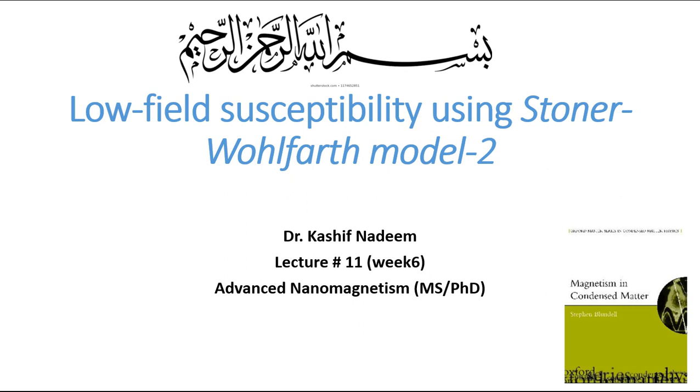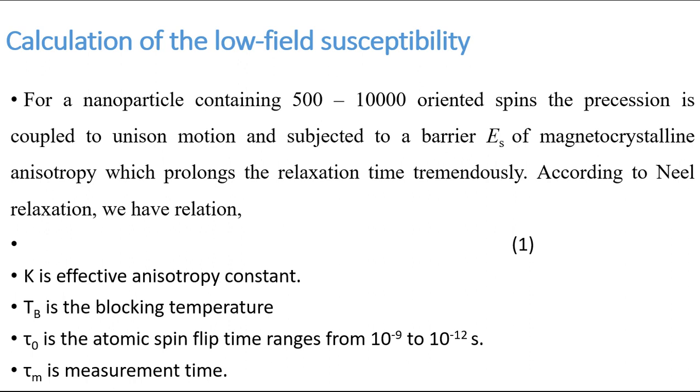So for nanoparticles containing roughly 500 to 10,000 oriented spins, composed together to form a nanoparticle, just for simplicity, we can treat the relaxation of these nanoparticles according to Néel relaxation, in which the particle is not moving physically, only the magnetization of the core is moving.